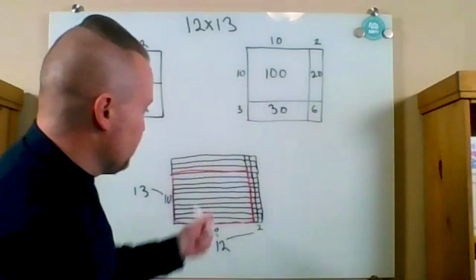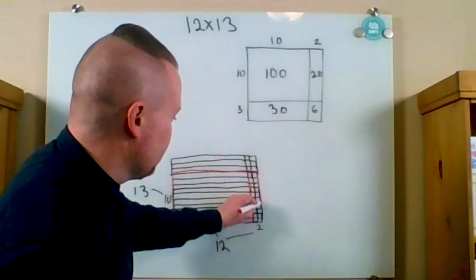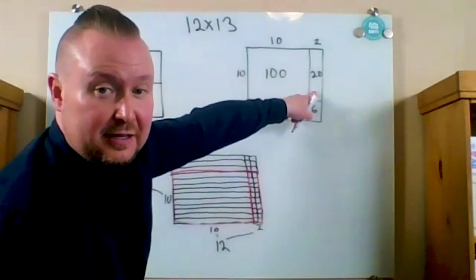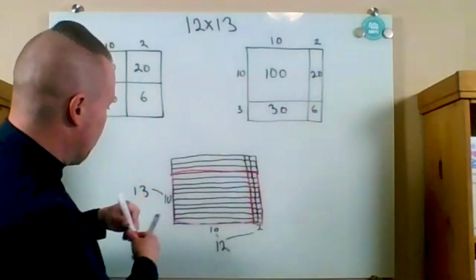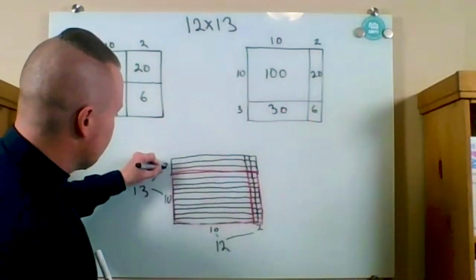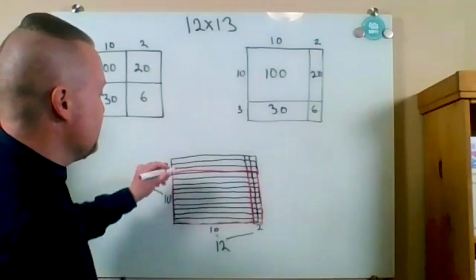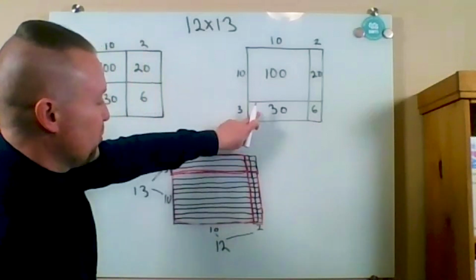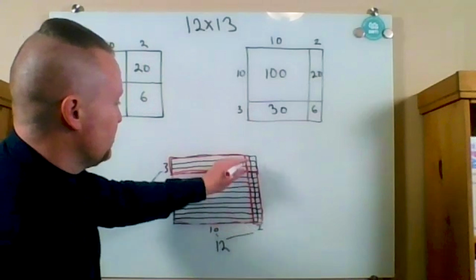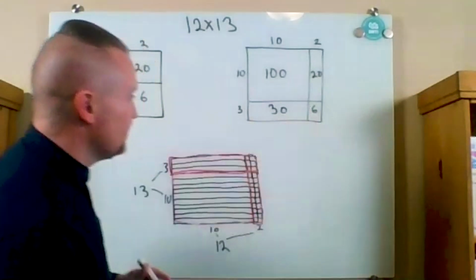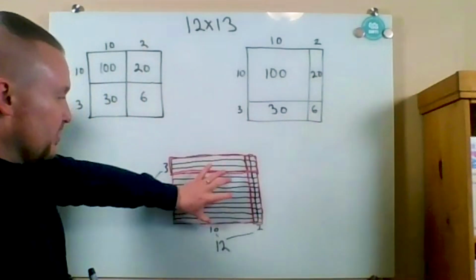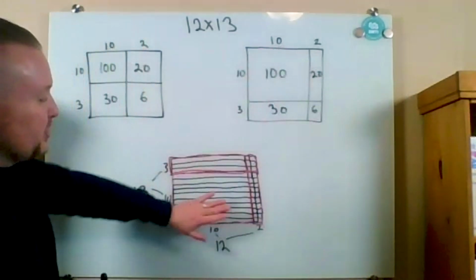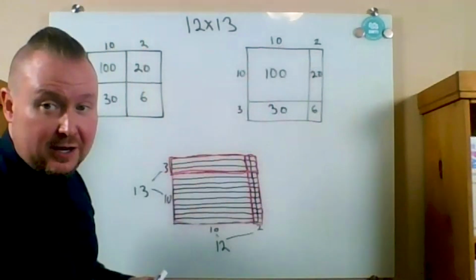Then if we look over on this side here, you've got a 2 by 10, which is going to be that 20. And then in this section where now we've got the 3, you can see that we end up here with the 10 by 3, which is the 30, and then here the 2 by 3, which is the 6. So these are in a different arrangement than they are here because we went up vertically, but it shows where each of those 4 sections comes from.